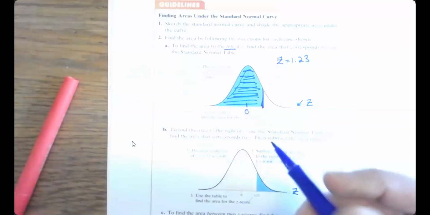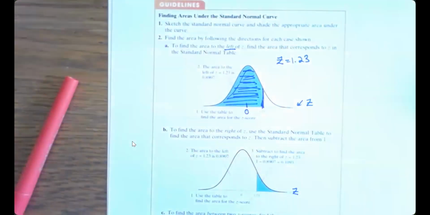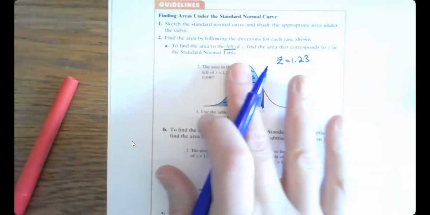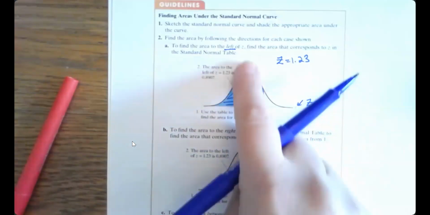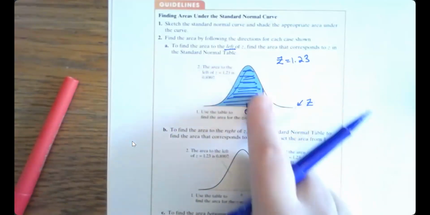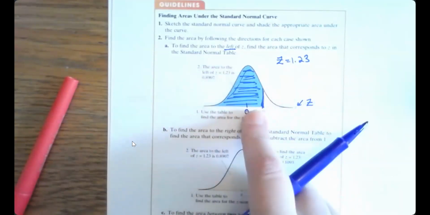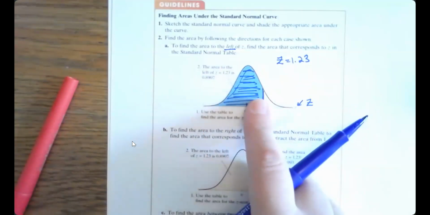Now, because this is symmetric and the area underneath is 1, I always like to estimate what I think it's going to be. The area under the entire curve has to be 1. So I'm shading definitely over half of this. If the center is halfway, I'm going to estimate that maybe this is like a 0.8 or something like that. So I'm definitely over the halfway. I have most of this shaded in.